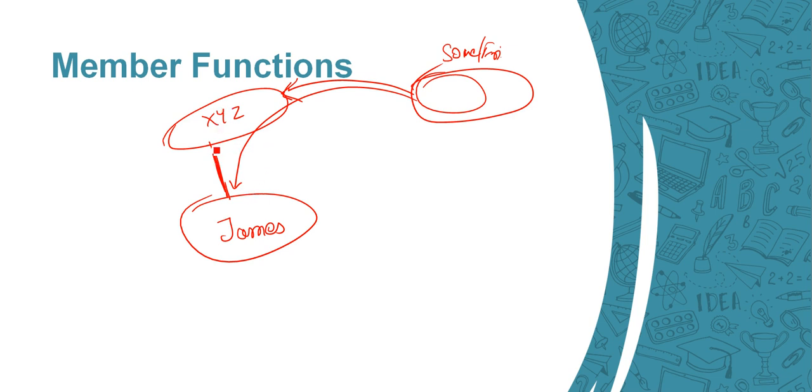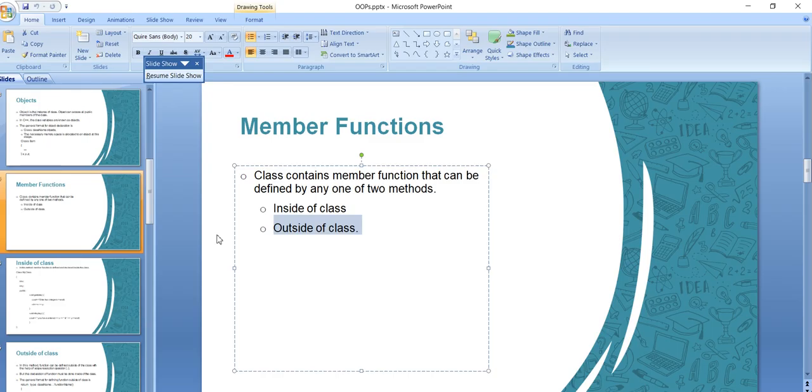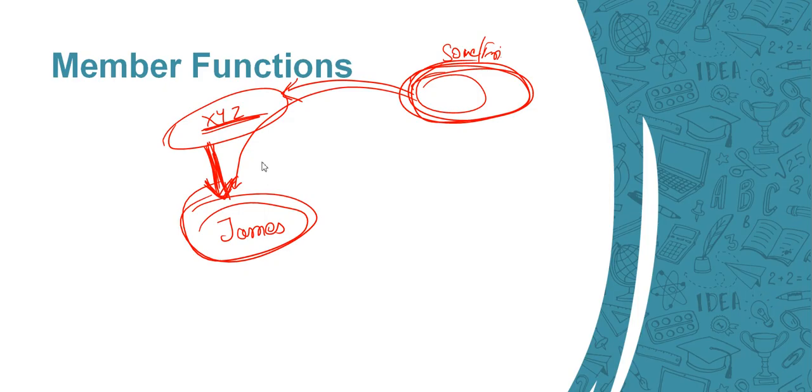So if there is a person who knows XYZ, then he can easily recognize you, right? So you are totally dependent on your father. If your father doesn't exist, then you will not be there.